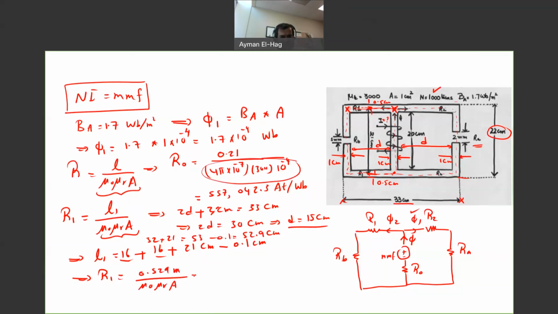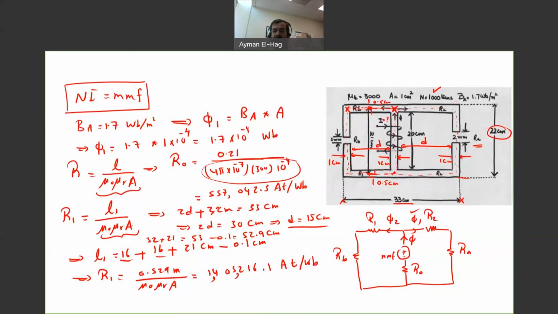So if you do the calculations, you will find reluctance 1 is equal to 1,403,216.1 ampere turn per Weber. Okay, so this is reluctance 1.